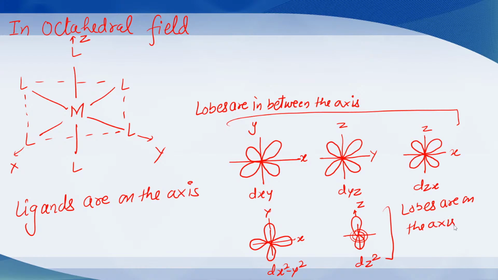So in this way, we come to know that there are 5 d orbitals, but 3 orbitals are those in which lobes are in between the axis, and 2 orbitals, that is dx square minus y square and dz square, in these cases lobes are on the axis.